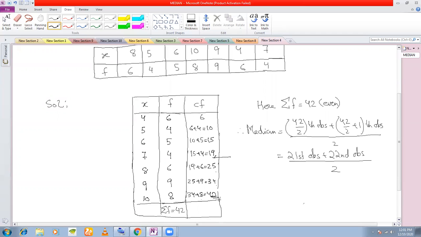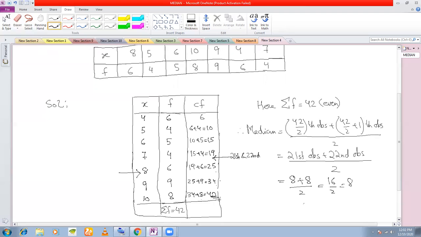Both the 21st and 22nd observation are between 19 and 25. So the 21st observation is 8, and the 22nd observation is also 8, which is equal to 8. Okay, this is how you find out the median. This I have already shown you in class 10.